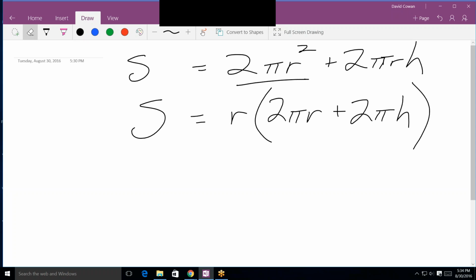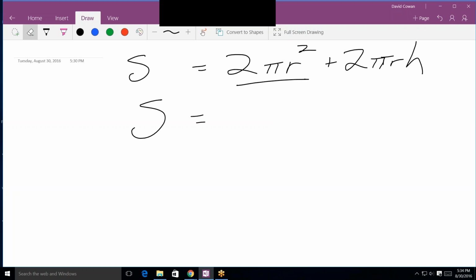H you could solve for because there was only one h in that whole thing. Whereas r, not so easy. There's an r squared and an r, and you can't do much with that. Solving for r here kind of brings in quadratics and the quadratic formula stuff.